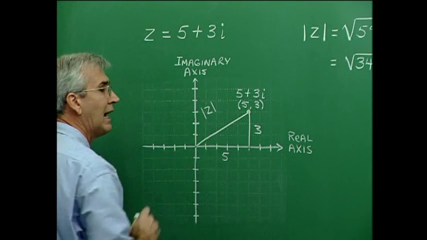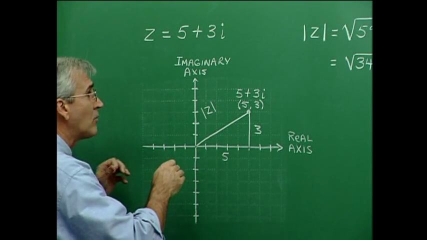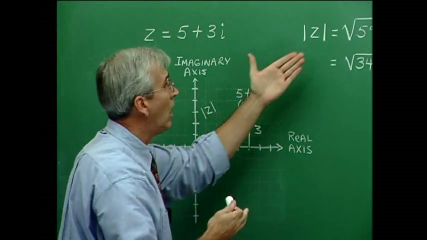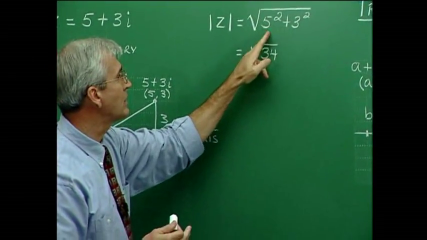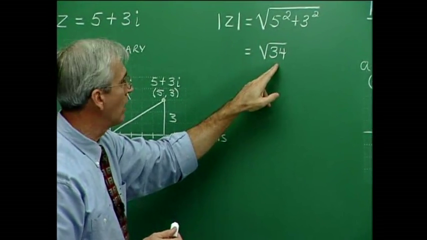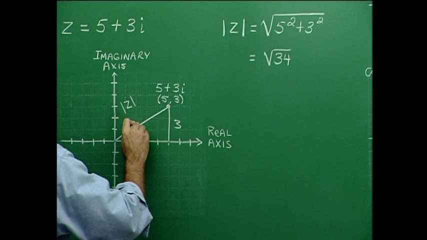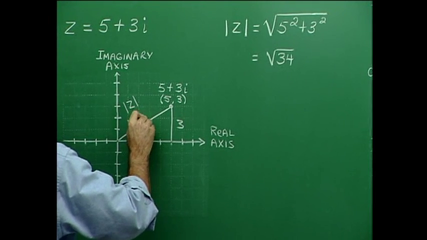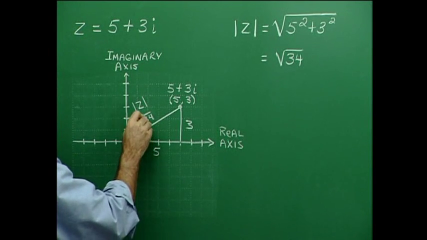So it's the absolute value of z. And that absolute value of z is found by taking the square root of the sum of the squares of the 5 and the 3. So this would be 25 plus 9, 34 under the radical. So this distance then is the square root of 34. Again, as we would expect from our work from the past.